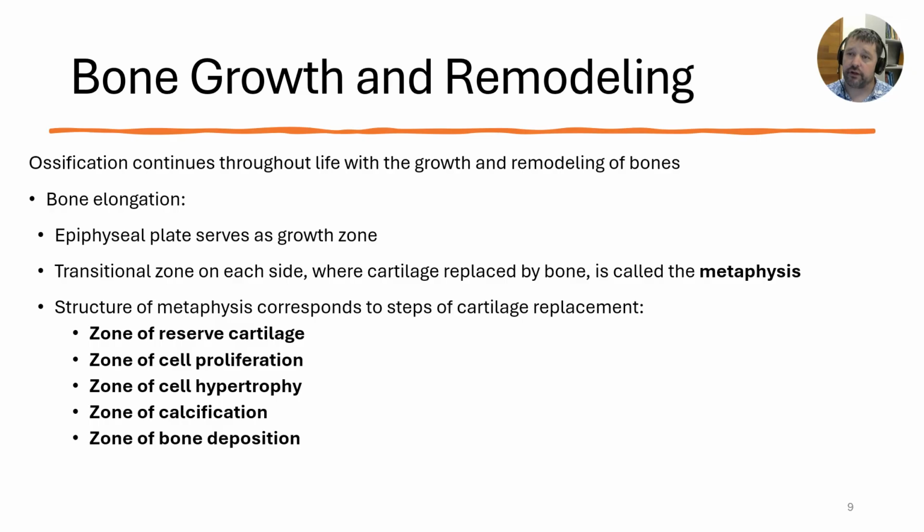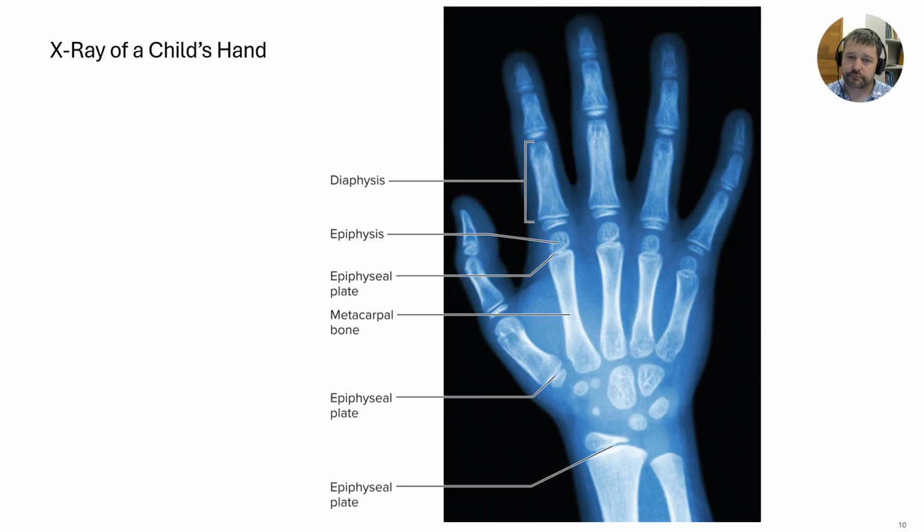And then eventually that calcified structure is completely transferred over from cartilage into bone, and that's what we call the bone deposition part of that zone. We'll look at a diagram of this shortly.